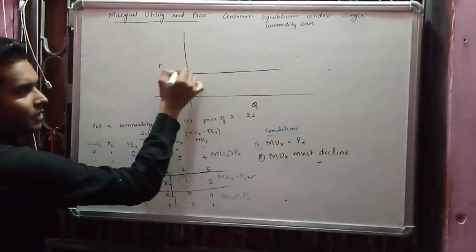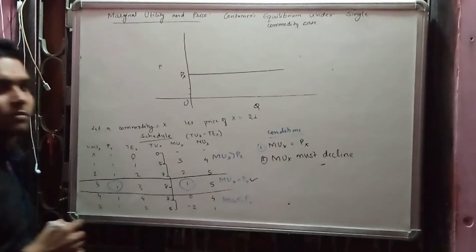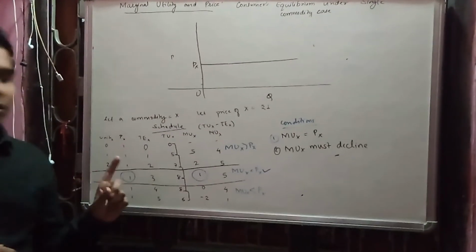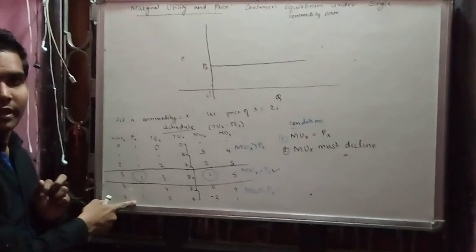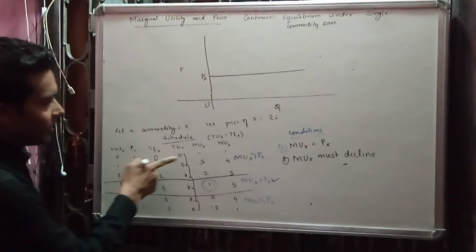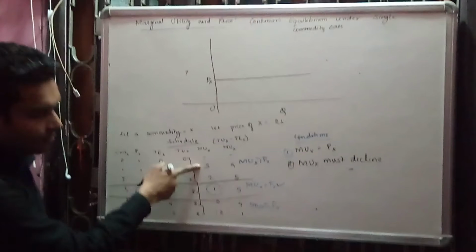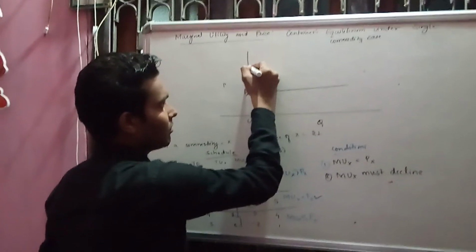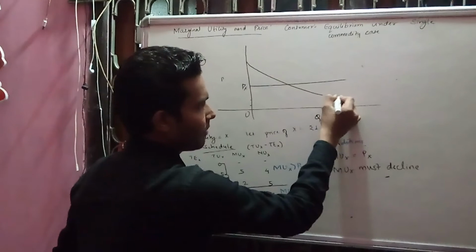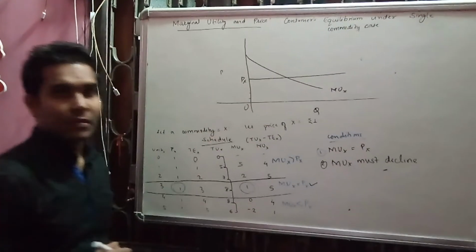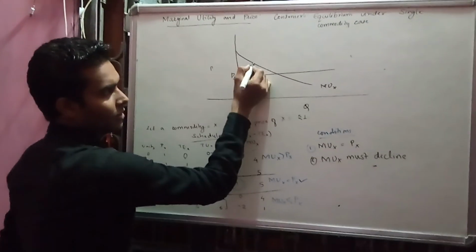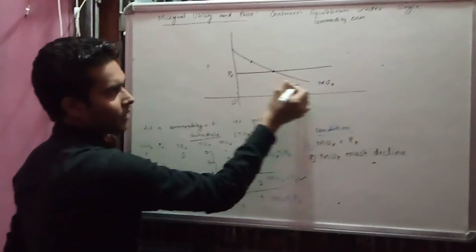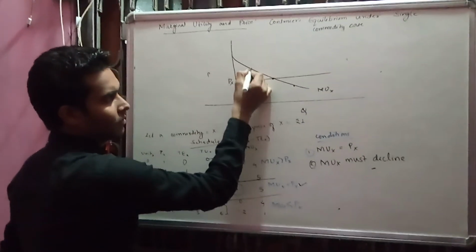Now my price will remain fixed because the commodity is single. It won't change. It will remain the same. Marginal utility starts from a higher level, becomes 0, then becomes negative. So this is my marginal utility. Three situations: first, second, let it be third.